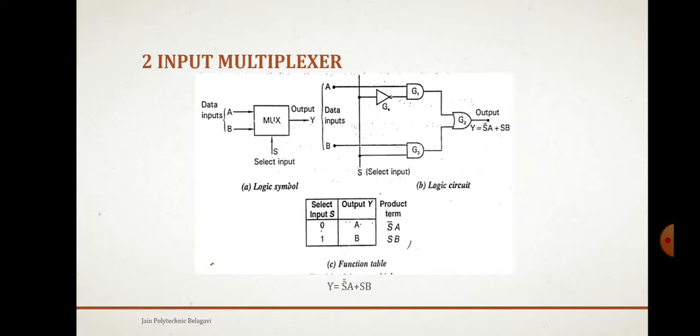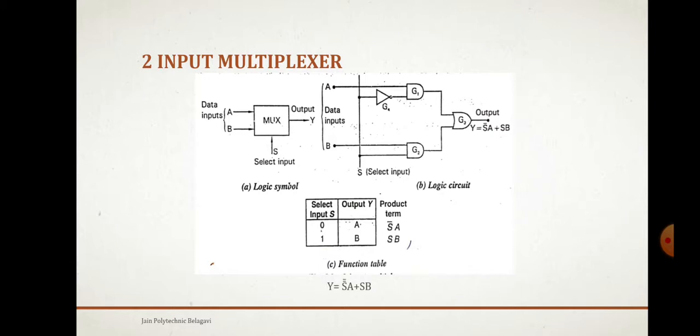You can observe this logic circuit also. There will be an AND gate. The data inputs will be A and B, where one input is inverted and B is directly connected.